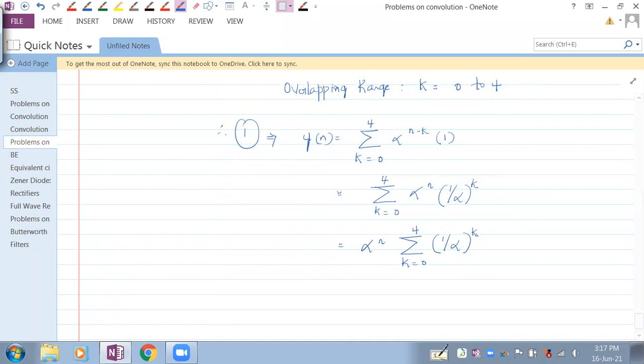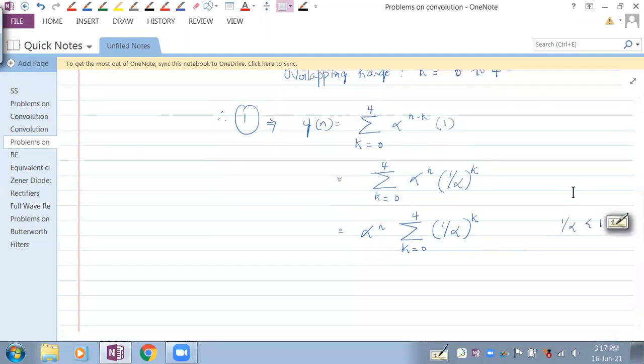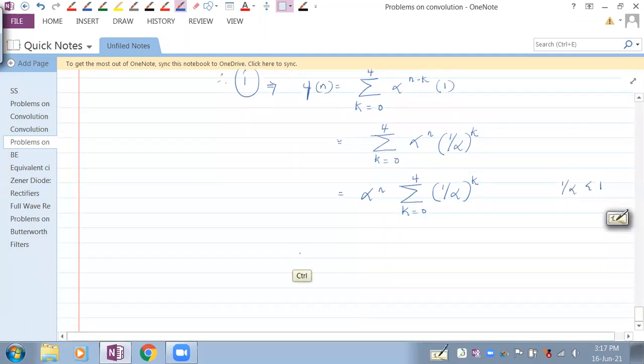Fine. Now 1 by alpha is less than 1 here. It is not equal to 1. That means what would happen? Again and again, I'll not write that standard equation.